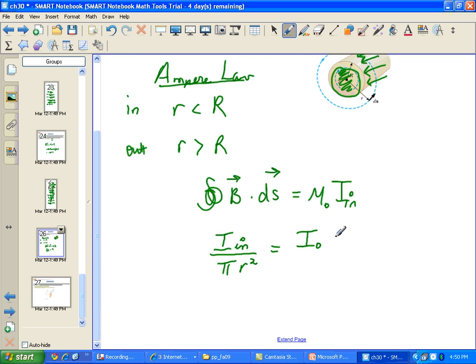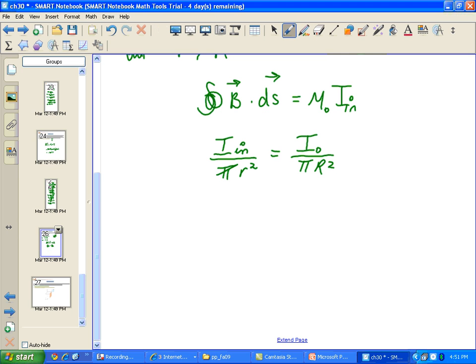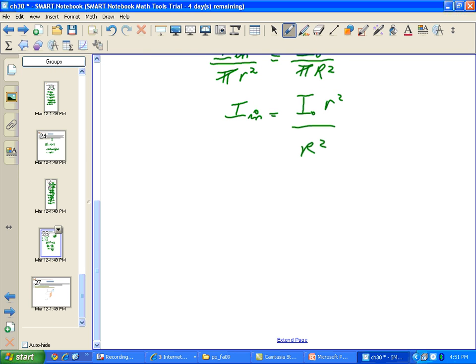The naught here is just to tell us that it's the total current, divided by the total area. So what we're looking at is the current density. Well, the pi's are going to cancel, and so I_in is going to equal the total current, I naught, times little r squared, divided by big R squared.